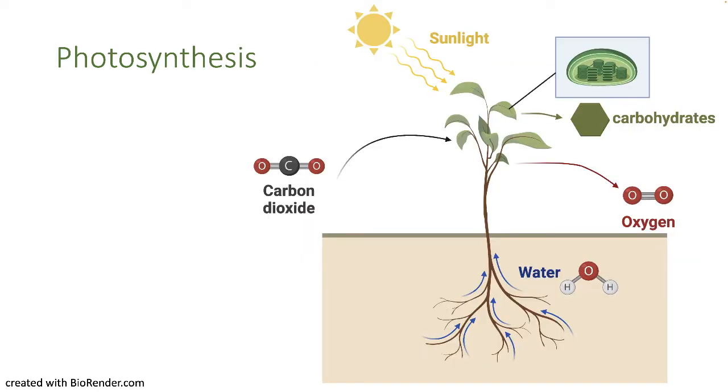In a plant, photosynthesis generally takes place in the leaves. How do we get our reactants of this process into the plant? Well, water is generally absorbed by the roots and transported up to the leaves by the plant's vascular system. Carbon dioxide enters the plant leaf from the atmosphere through diffusion.